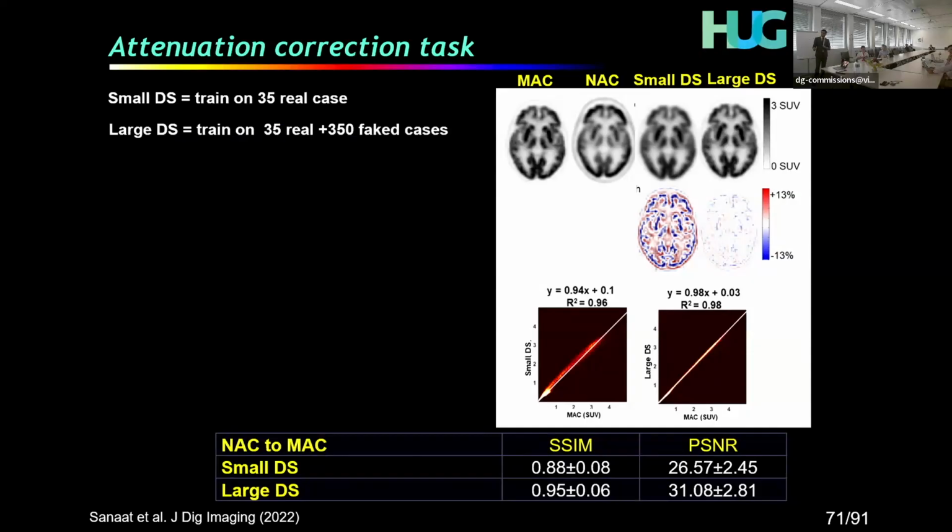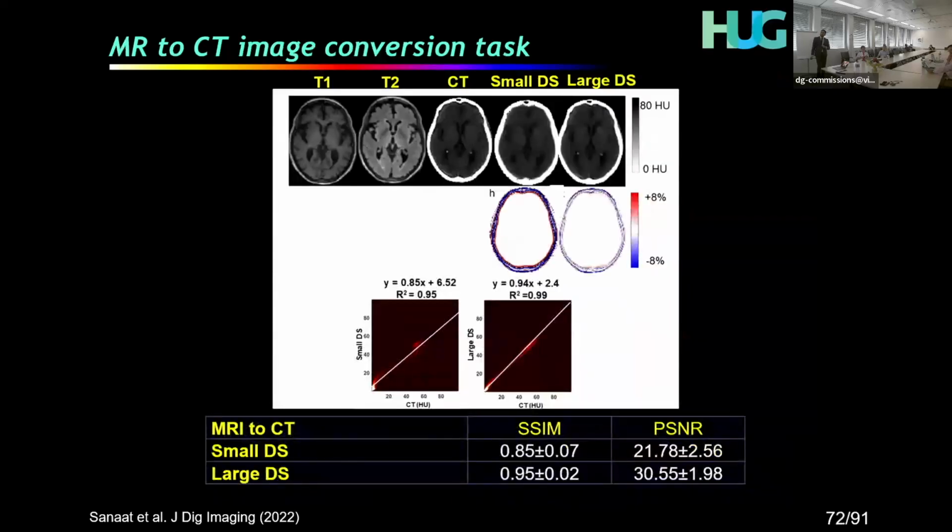You can observe that when we use the large dataset, the performance of our model improved significantly in both SSIM and PSNR. We also did the MR to CT task, and again the same result happened here, and the generated image is more realistic in the large dataset when compared to the small dataset.